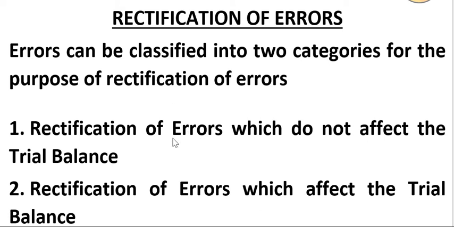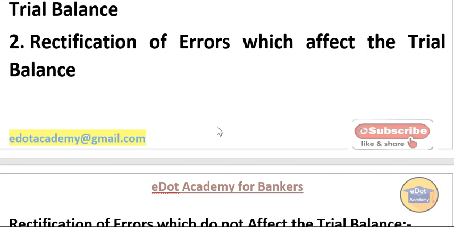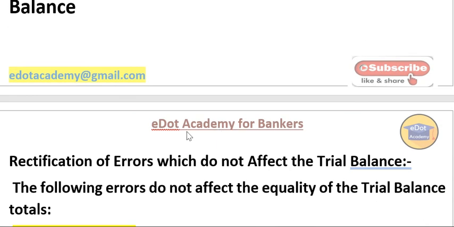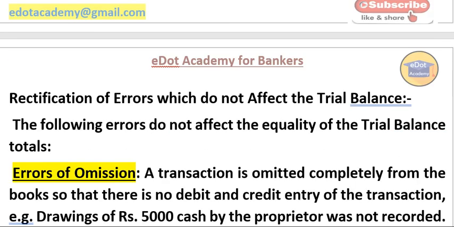And number second is rectification of errors which affect the ट्रायल बैलेंस, means these errors can be easily found out, यानी जो एरर ट्रायल बैलेंस को इफेक्ट करती है वो तो आप निकाल सकते हैं, ढूंढ सकते हैं, लेकिन जो एरर इफेक्ट नहीं कर रही है वो आपको मुश्किल पड़ जाएगा, because आपको पता ही नहीं चलेगा कहां पर है. So errors which affect the trial balance are easy to find out, and errors which do not affect are very difficult to find out.